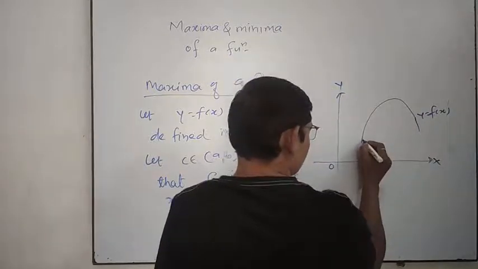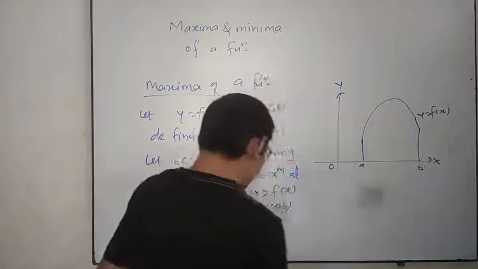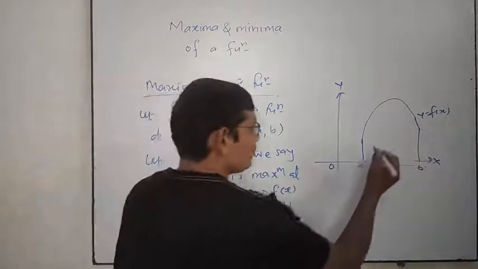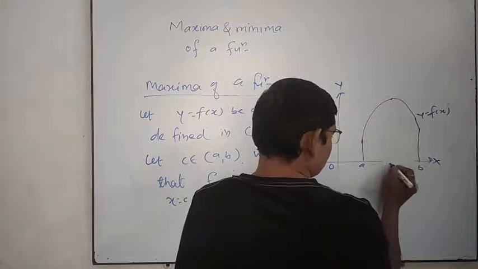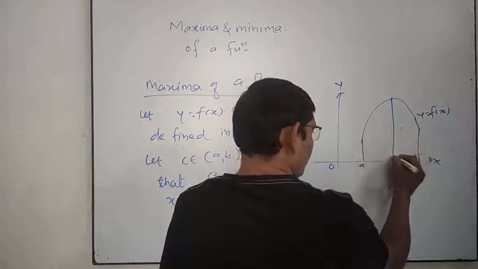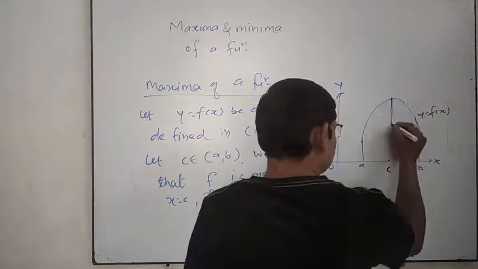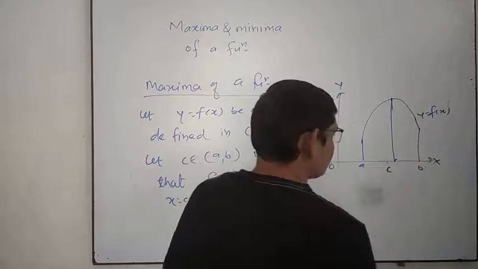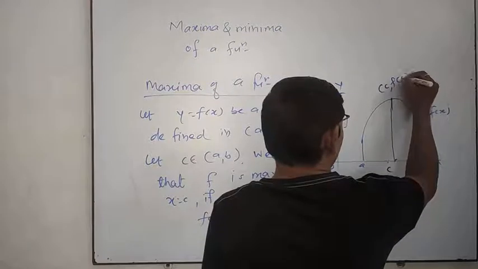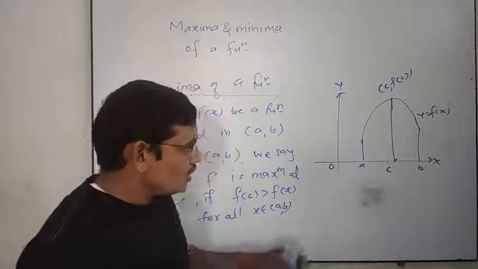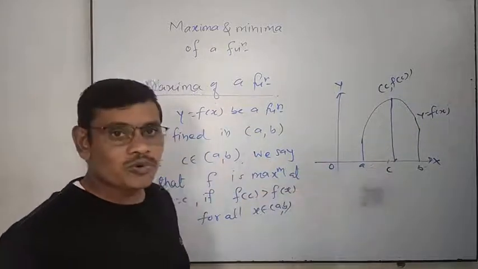Okay, so let us consider this point is A and this point is B. Now see here, if C is the point, corresponding point of this point, here it is C. Okay, this point is C. So coordinates of this point are C comma f of C. Now see here, we observe that function is maximum at this point C.